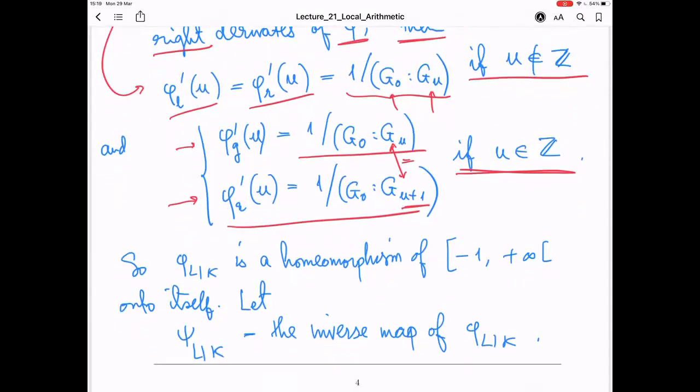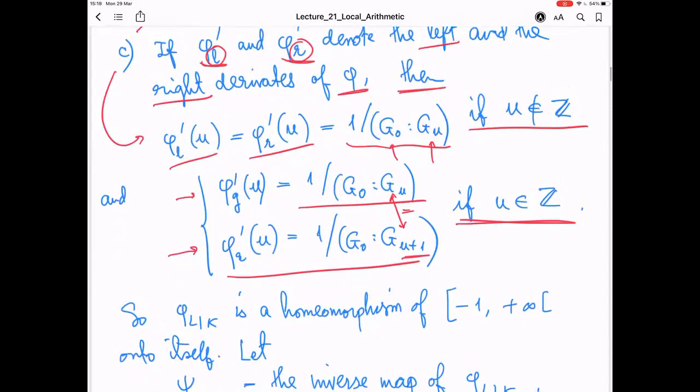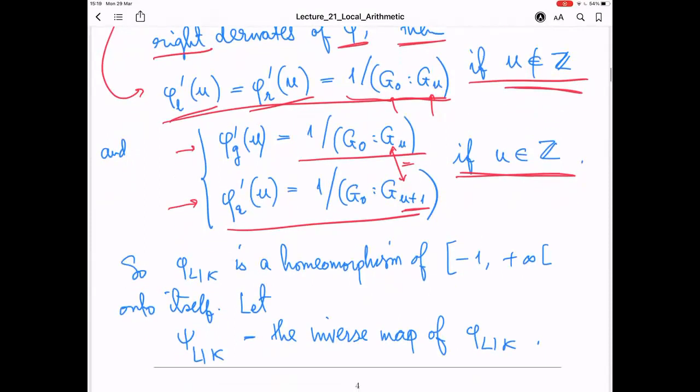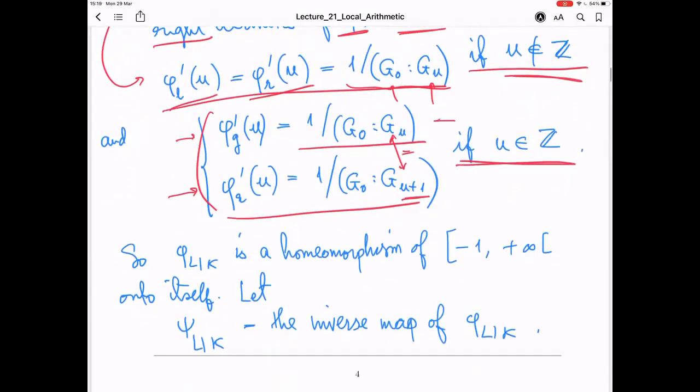So anyway, what this says is that the function phi is differentiable at every u which is not an integer, and at integers u, the left derivative is this and the right derivative is this.